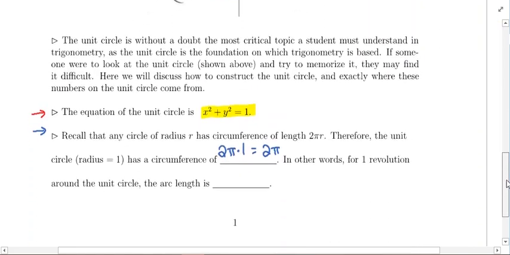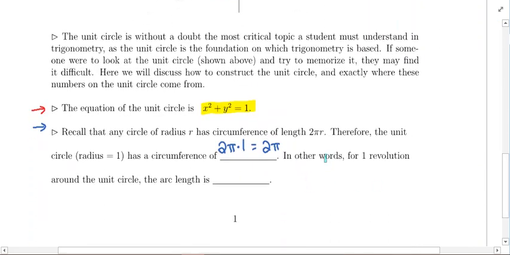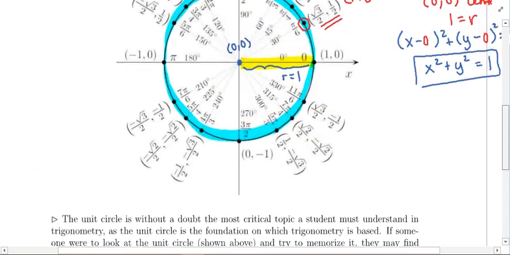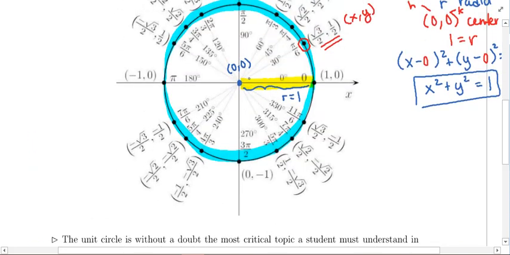There's another way we can think of that statement in terms of arc length. It says, in other words, for one revolution around the circle, the arc length is blank. Remember, in the unit circle, all of our angles are measured in standard position, meaning every angle has its vertex at the origin, and the initial side lies along the positive x-axis.